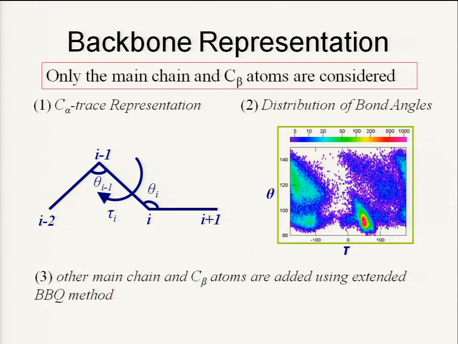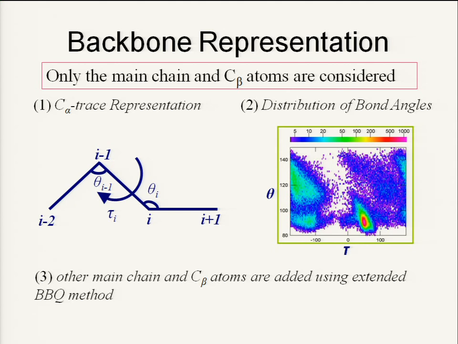We use the theta and tau angles. Theta is the virtual bond angle between neighboring virtual bonds composed by C alpha atoms, and tau is the dihedral angle of the neighboring hyperplanes. The distribution of the theta-tau pairs you can see from the second graph.